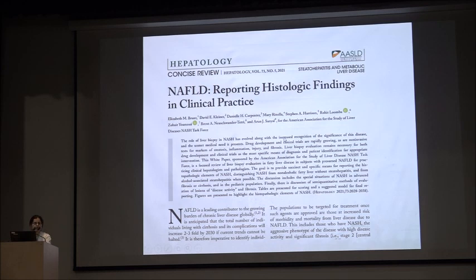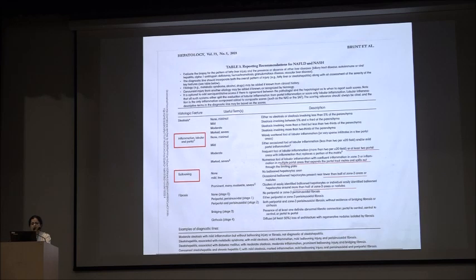These guidelines came up recently on behalf of ASLD. These are the guidelines for reporting histopathological findings in clinical practice, published in 2021. They have maintained the essence of the initial Brunt grading, in that they have graded NASH as steatosis, inflammation, ballooning and fibrosis.